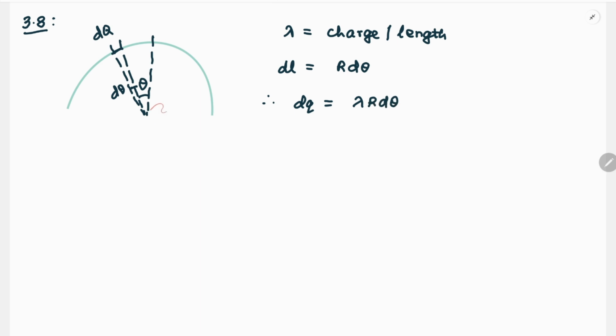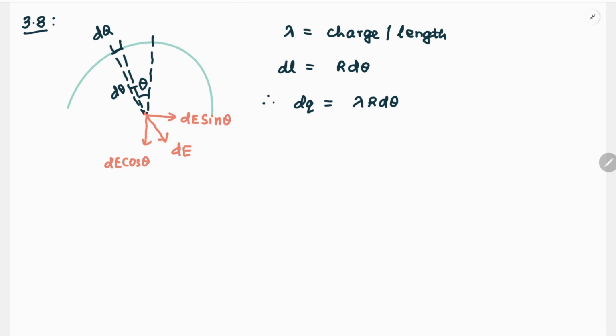The electric field due to this will be in this direction, that is dE, and we can have two components for the field, that is dE cos theta and dE sin theta respectively. So we will have a cos component over here and a sin component over here.